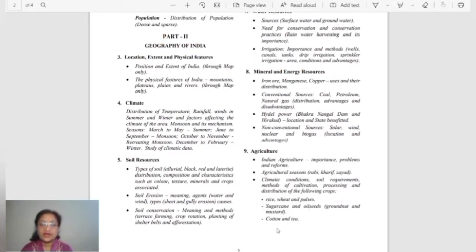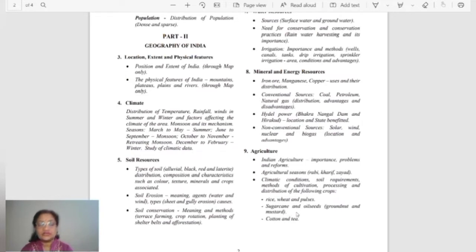Now the fourth part comprises the fiber crops and the beverages. Under that, cotton and jute, two fiber crops, are given. Out of the two, you have to cover only cotton. And out of tea and coffee, you have to take just tea.